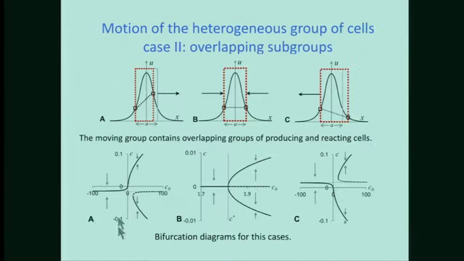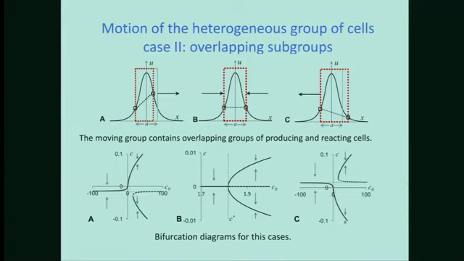Okay, and this is the second case for moving a heterogeneous group of cells. Now what we have is some cells chemotactically reacting, some cells producing the chemotactic agent, but these groups of cells overlap.